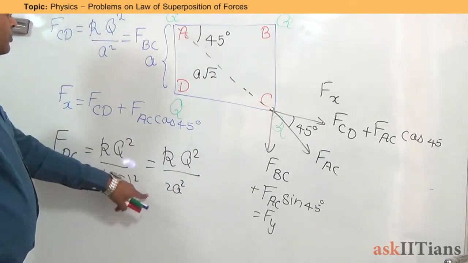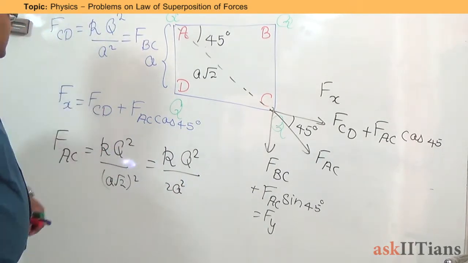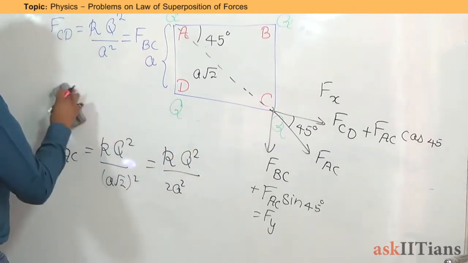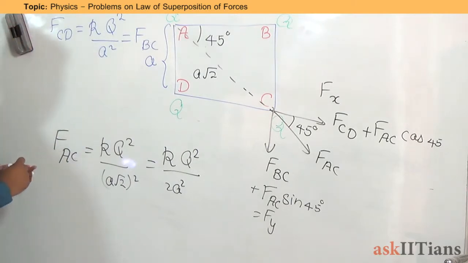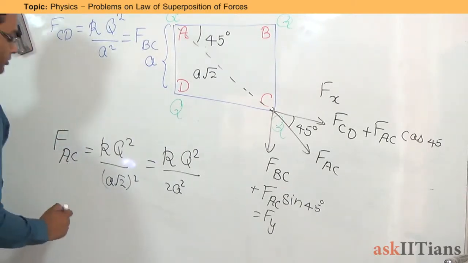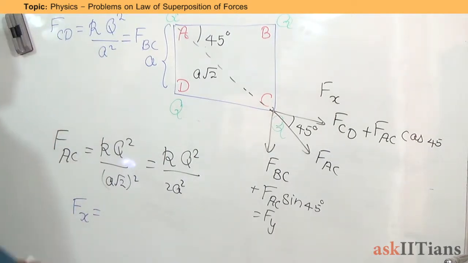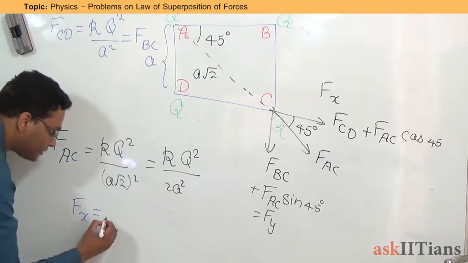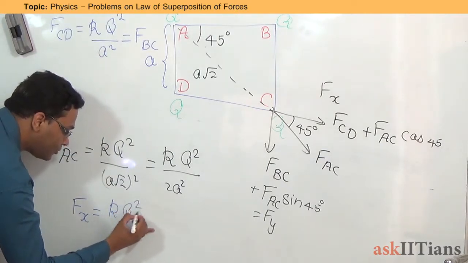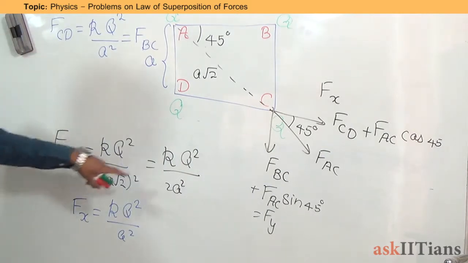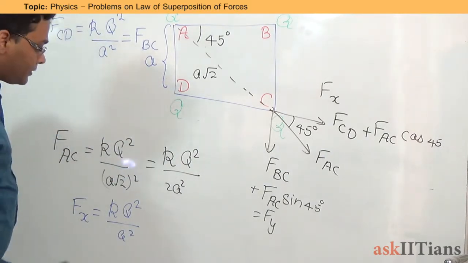So we are required to use these relations out here. So let me remove this from here, such that, what will I get? If I want to find out Fx first, so Fx, F_CD is this: KQ square upon A square. Then it is F_AC cos 45.